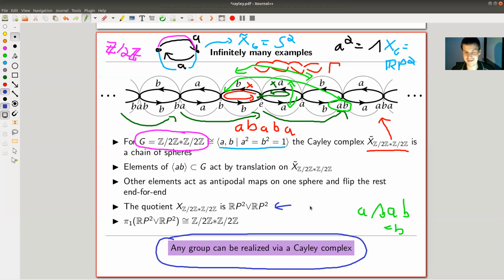The point is those spaces usually get pretty complicated. They're easy to construct, but most of the time very complicated to illustrate. Anyway, this space has the right fundamental group, which is again not completely obvious. If I asked you to construct a topological space with this fundamental group, it doesn't seem to be completely obvious.